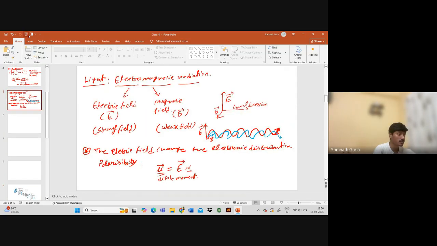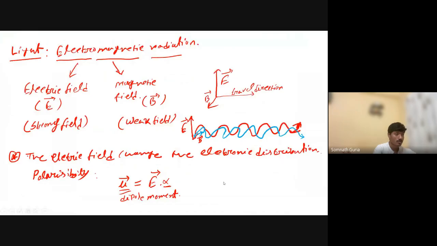This is the thing, and this is my dipole moment, and the transition happens. We are providing light. If the electronic structure of the molecules actually changes, it goes to the excited state from the ground state.